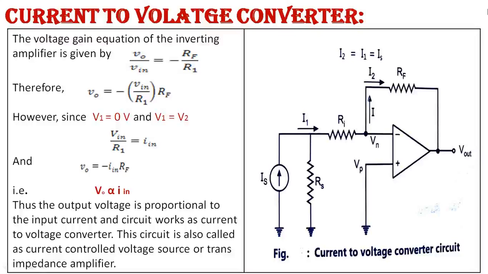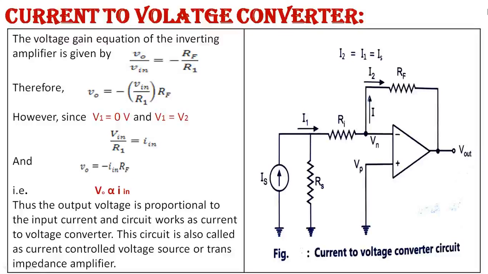The voltage gain equation of the inverting amplifier is V0 upon Vin, that is the gain, equal to minus RF upon Rin, because it is the inverting amplifier. Therefore, the output voltage of the inverting amplifier is equal to Vin upon R1 into RF. However, since V1 is equal to 0 and I1 is equal to I2, V0 is equal to Iin into RF.